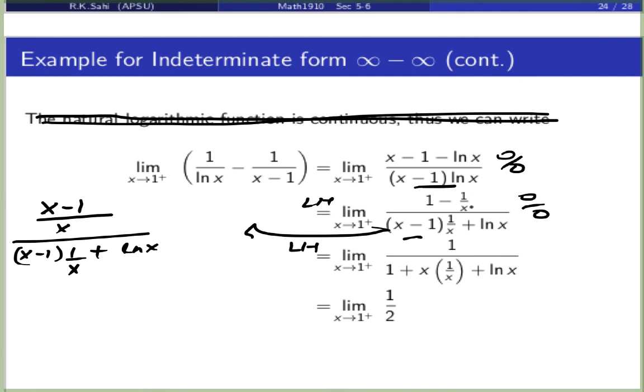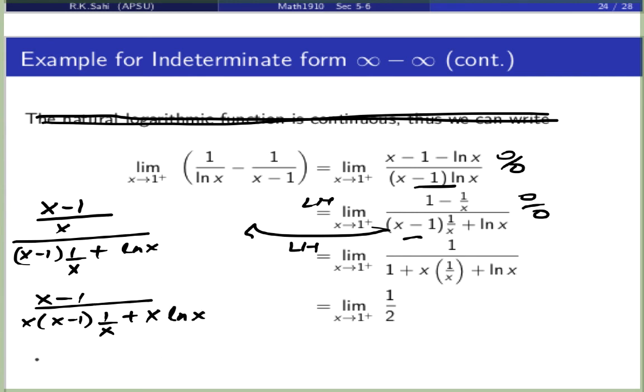Rather, it's a 0 by 0, but when I want to do L'Hopital's rule, I'm going to have some issues. So I want to really make my life simple here. So I can rewrite this as this x can go down. I will have x minus 1, x times x minus 1 times 1 over x. Remember, it's going to multiply this whole expression plus x times natural log of x.